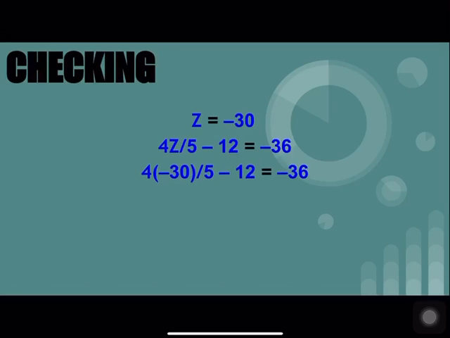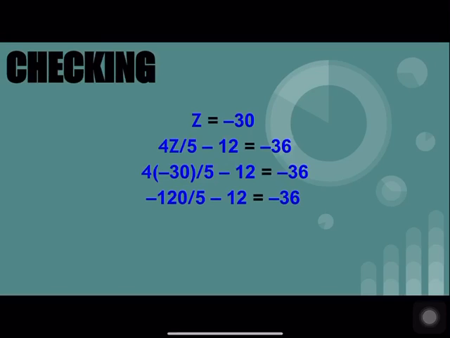Now let's check if we got the right answer. We said that z is equal to negative 30. Using the original equation, 4z over 5 minus 12 is equal to negative 36, substituting the value of z as negative 30, we will have 4 times negative 30 over 5 minus 12. Is it equal to negative 36?